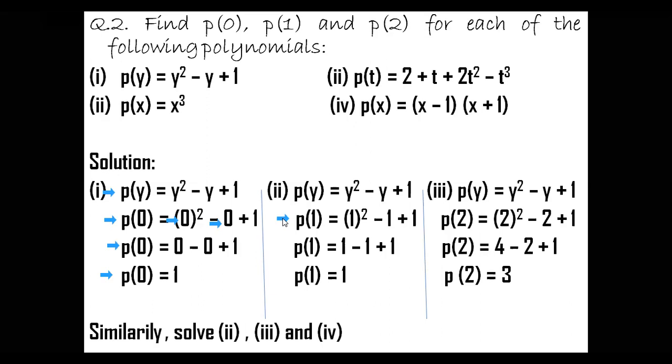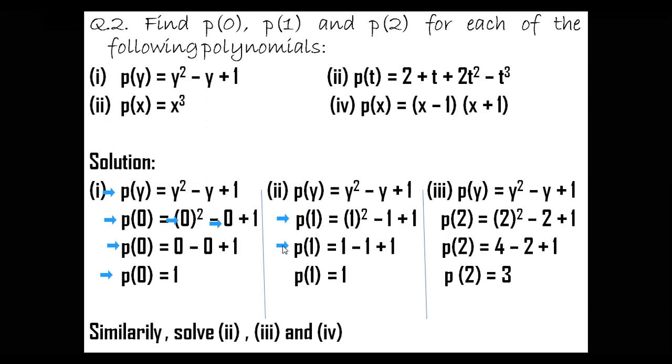So P of 1 is equal to 1 square. That is y is replaced by 1. So 1 the whole square minus, instead of y, again I shall put 1. And then plus 1 as it is given in the question. So in the next step, P of 1 is equal to 1 square is 1 itself. So 1 minus 1 plus 1.